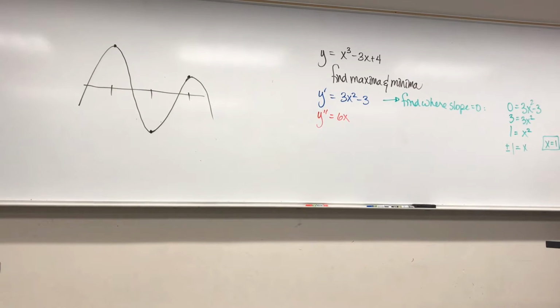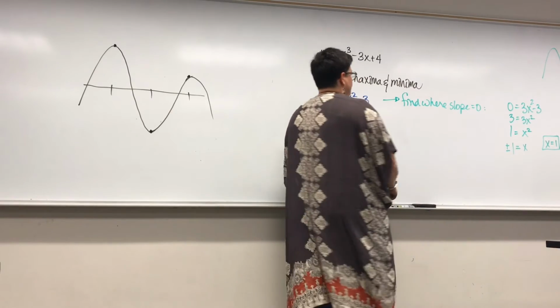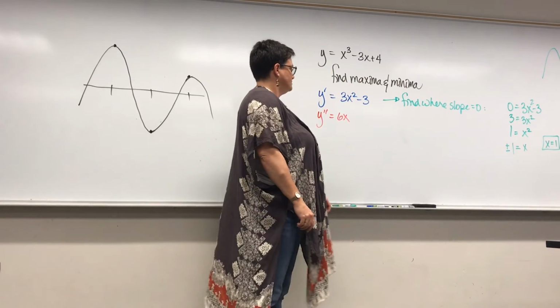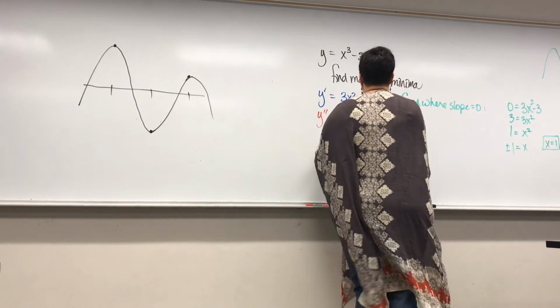It gets a little ticky-tackier later because there's something called a point of inflection, where it's neither a max nor a min. When we get deeper into concavity, you'll see what I'm talking about. But for now, we're just talking about maximum and minimum. Groovy? So, how do we test it? We're gonna test it in the second derivative.